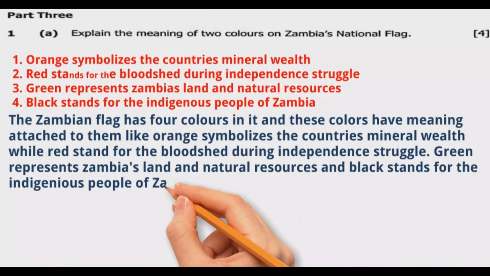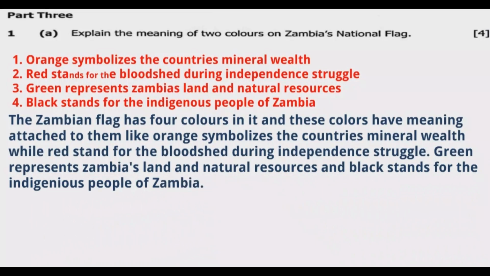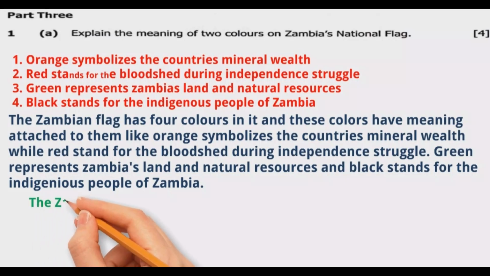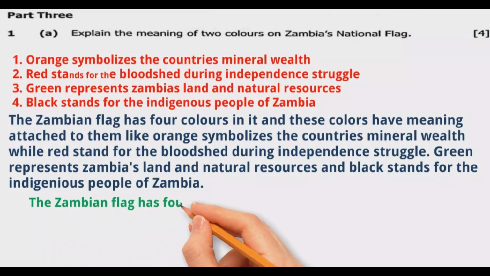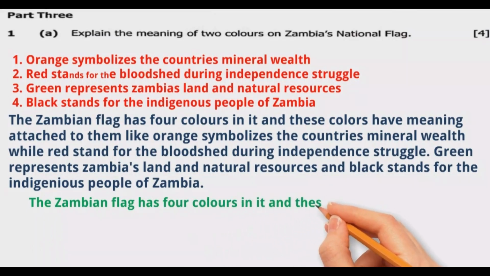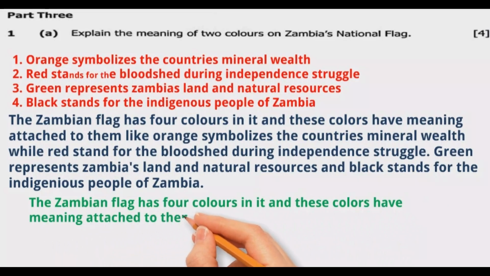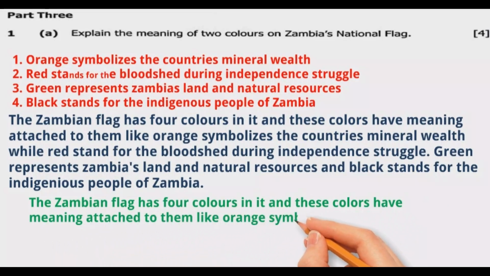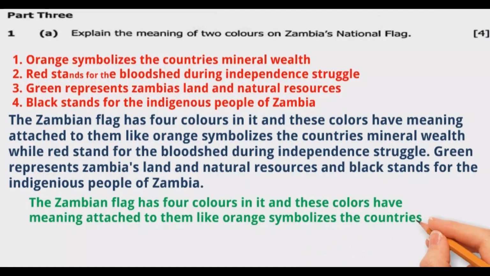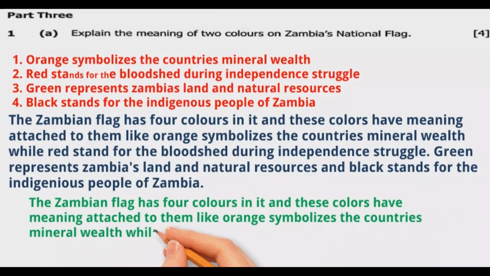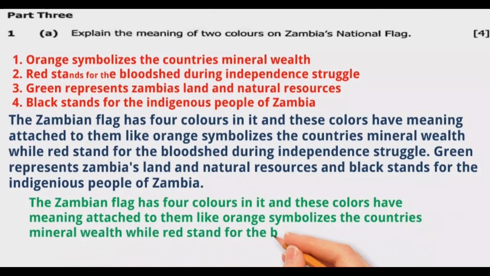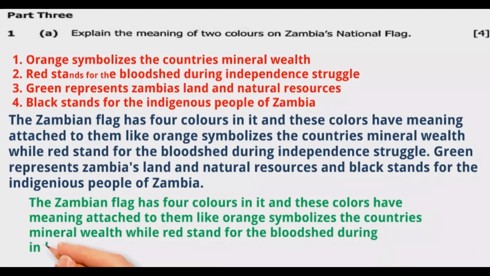If it was you answering this question, you would just end at red. You can say the Zambian flag has 4 colors in it, and the colors have meaning attached to them, like orange symbolizes the country's mineral wealth, while red stands for the bloodshed during the independence struggle.